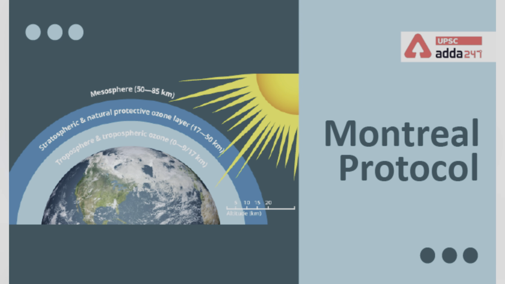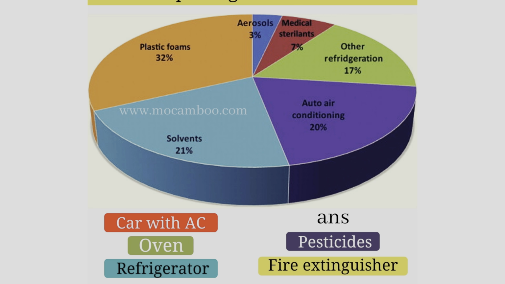Okay. Apart from that, we have what we call the Montreal Protocol. The Montreal Protocol is on substances that deplete the ozone layer, and it is a multilateral environmental agreement that aims at regulating the production and also the consumption of these man-made chemicals that they now regard as ozone depleting substances, or ODS. Okay.